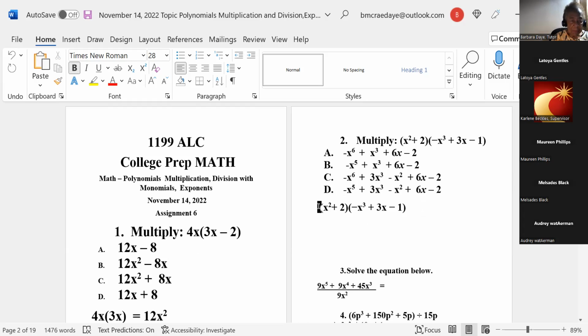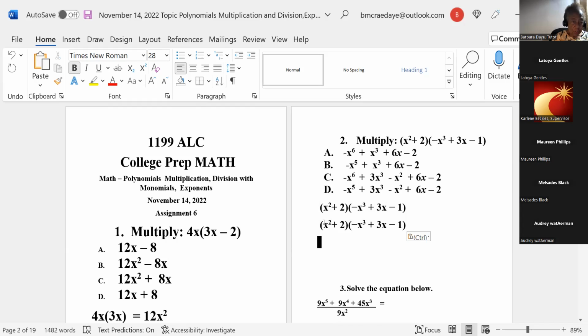So this becomes, let me just copy this over. Okay, so this one is just a 2, right? And this one is just the x squared. Everybody with me? I just took the x squared multiplied by the polynomial, and the 2 times the polynomial.